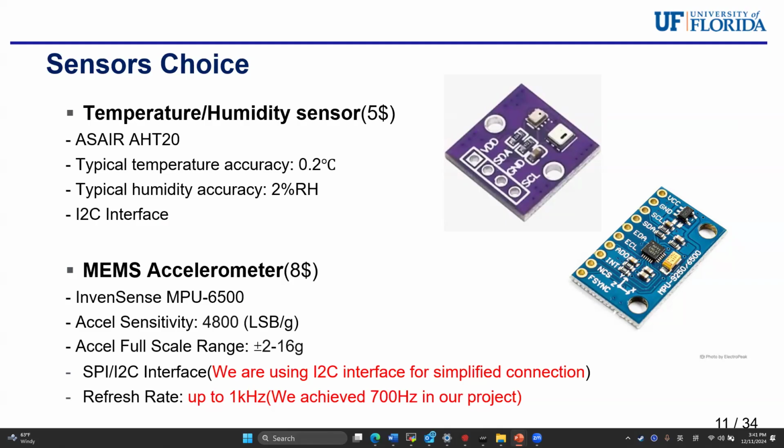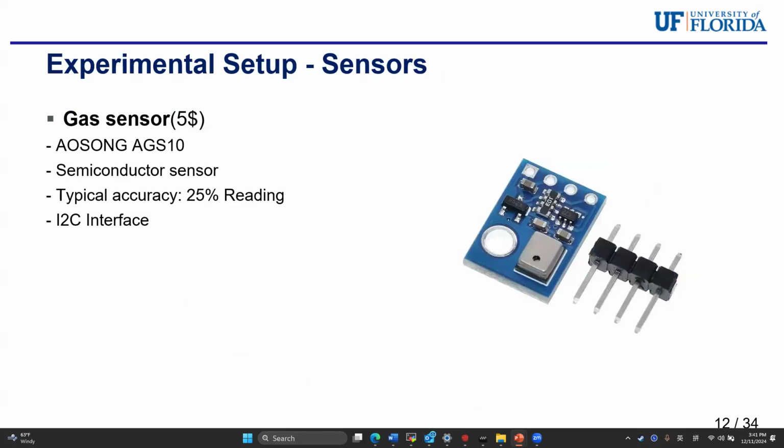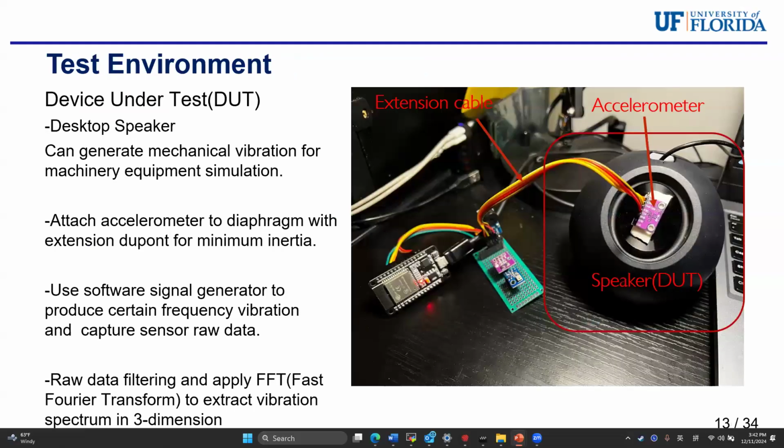The most important thing is that its refresh rate goes up to 1 kilohertz, and in this application, we achieved 700 hertz to capture our vibration data. And we are using the AGS10 gas sensor to detect flammable gas and TVOC data, and it utilizes the I2C interface.